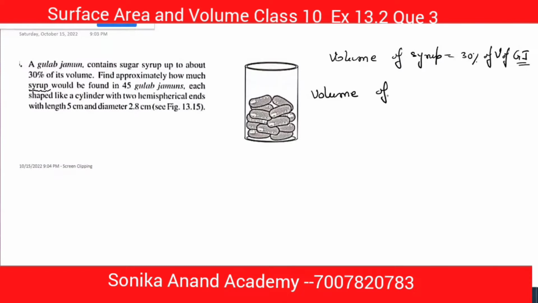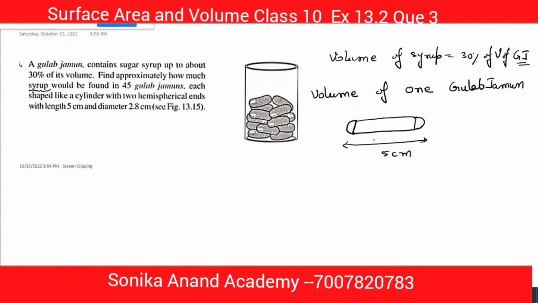So the volume of one gulab jamun. Gulab jamun is a shape like this, and it is round at the corners. The two ends are hemispherical. Now, a shape like a cylinder with two hemispherical ends with length 5 centimeter. That means total length is 5 centimeter and diameter 2.8 centimeters.